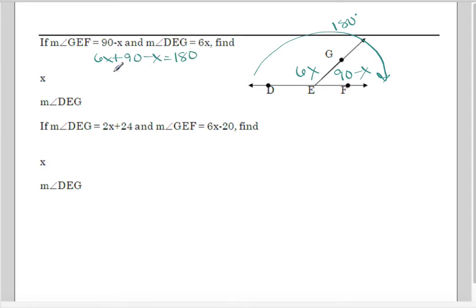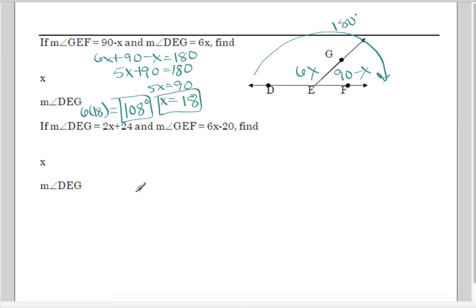So 6X minus X combines to 5X plus 90 equals 180. Subtracting the 90, 5X equals 90. And then dividing by 5, X equals 18. And then to find the measure of DEG, DEG is 6 times that, so 6 times 18 will give you 108 degrees. So we've got two answers here, solving for X and solving for our angle.